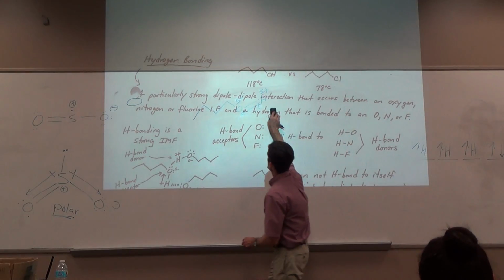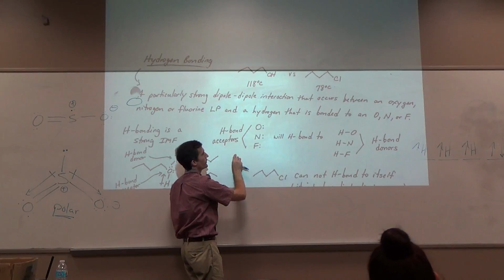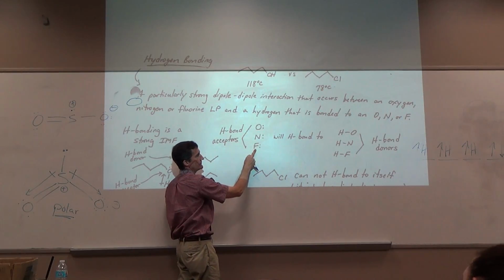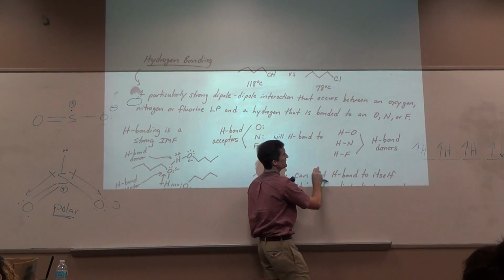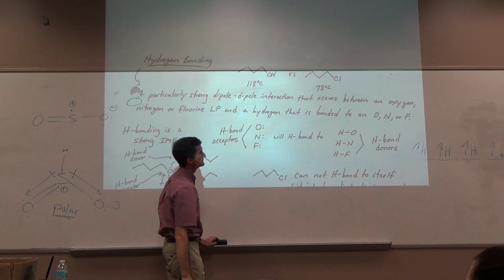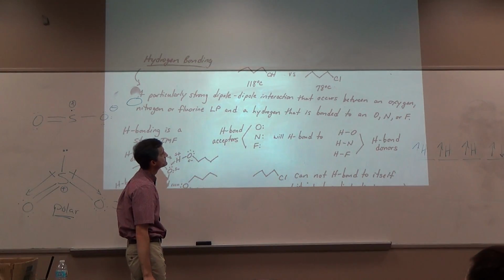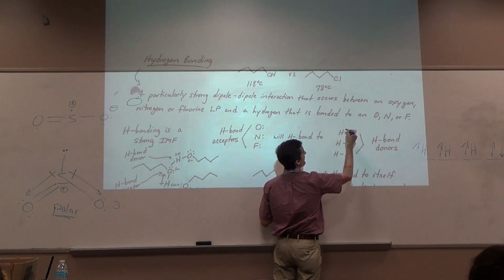Now, hydrogen bonding takes place again. We either have an O, N, or F. This will interact with the H that's on an O, N, or F. This is your very strong dipole.